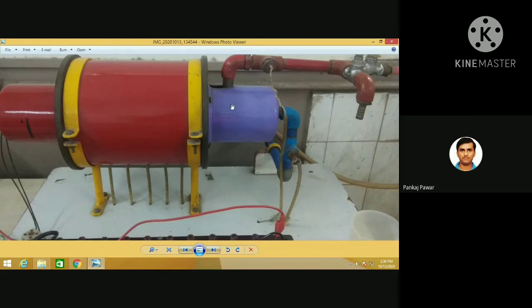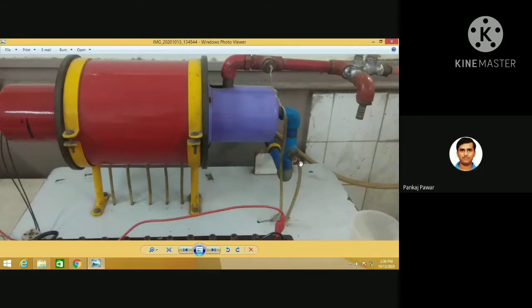Clear? And on the left side you can observe one blue pipe, this is the cold water inlet, and the cold water will take away the heat. This is the hot water line and this is the cold water line.